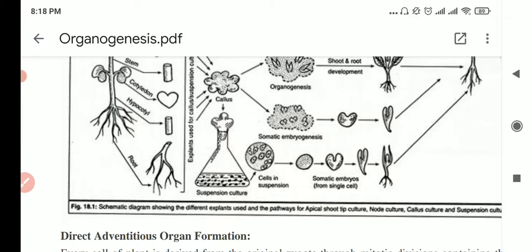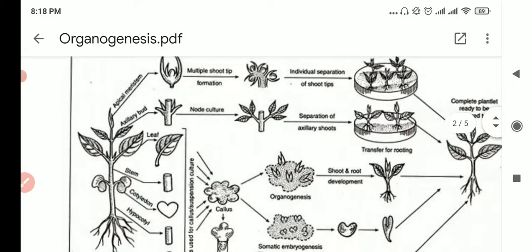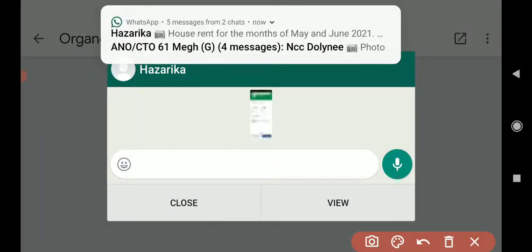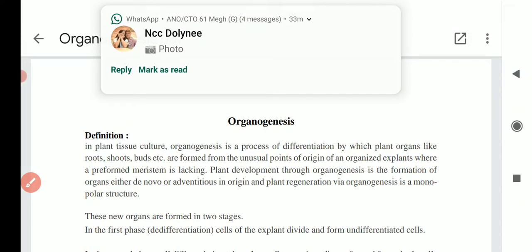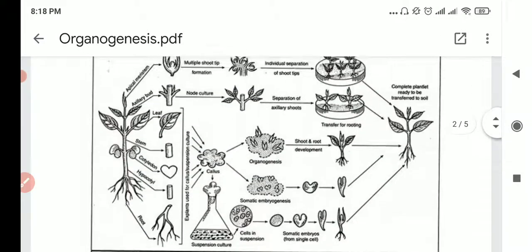I think I explained this diagram in the production of haploids, no? Okay, we'll just revise. So they took an explant, right? Any part of your plant you cut, that is your explant.